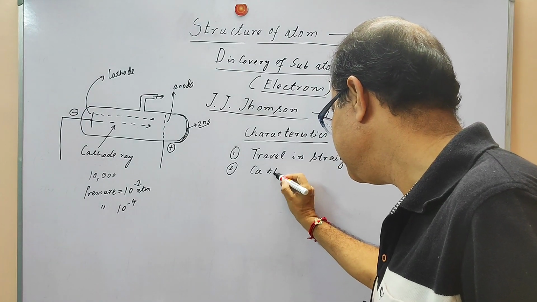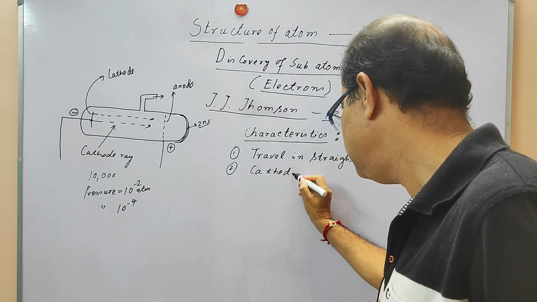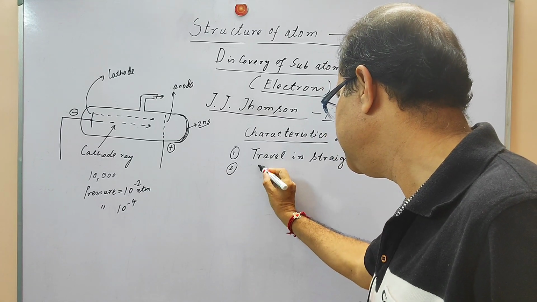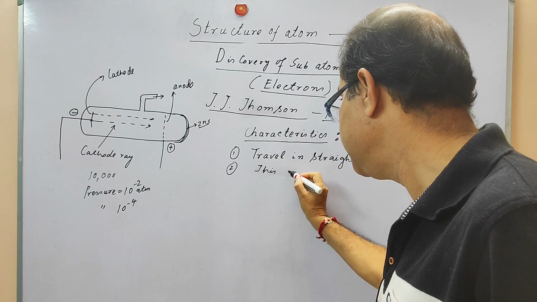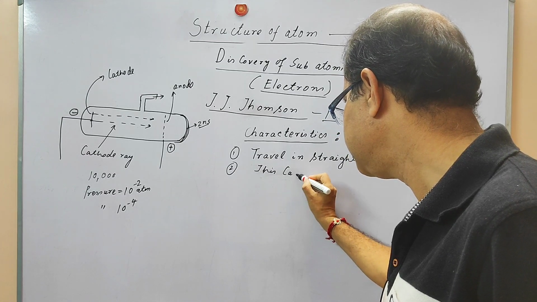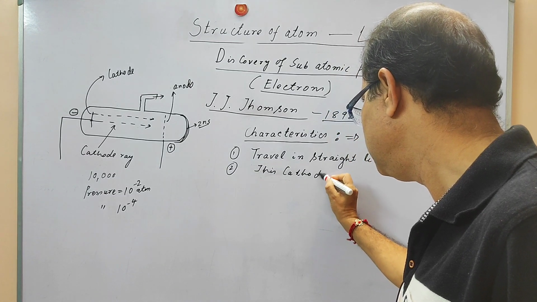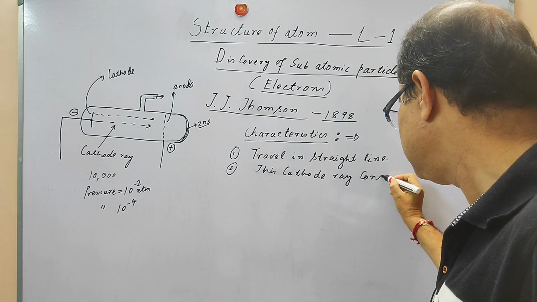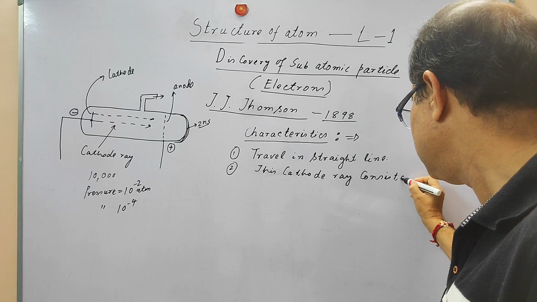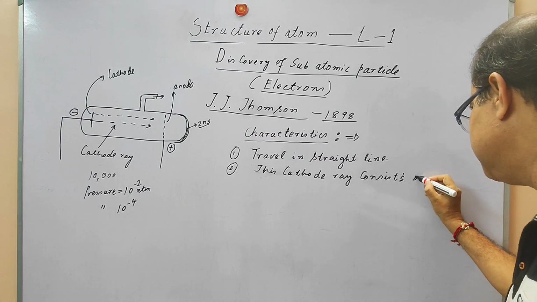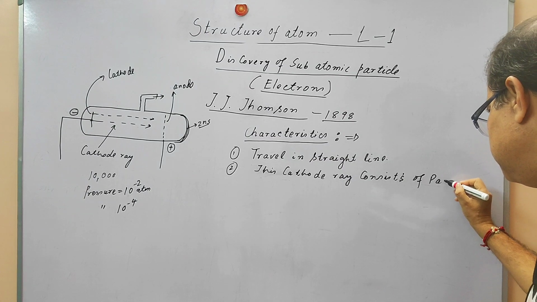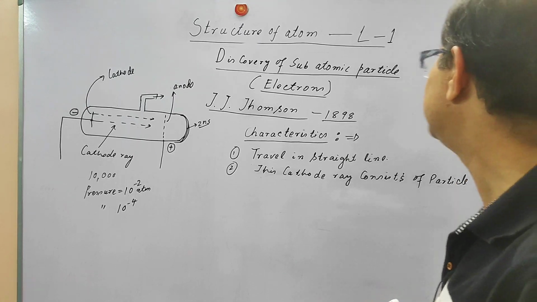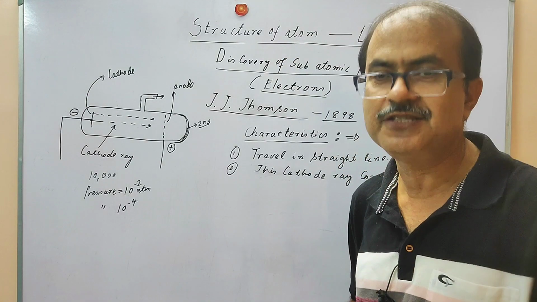So we can say this cathode ray consists of particles because it has momentum.